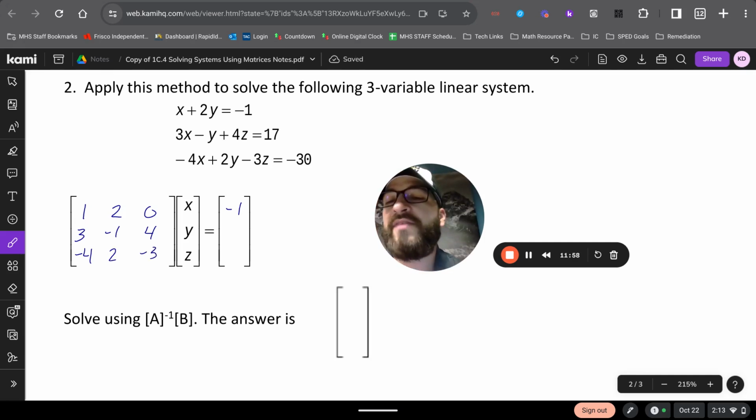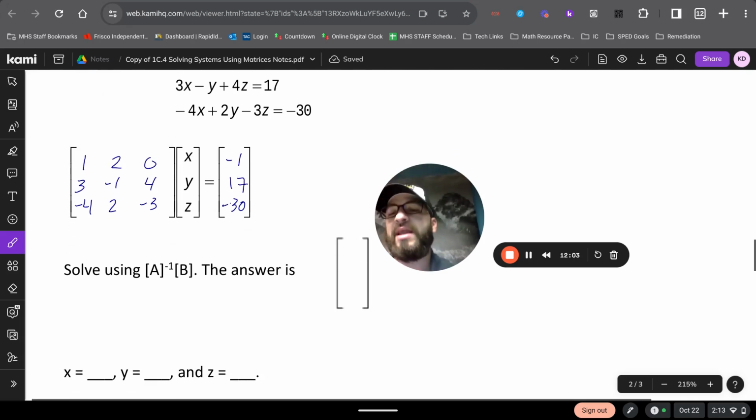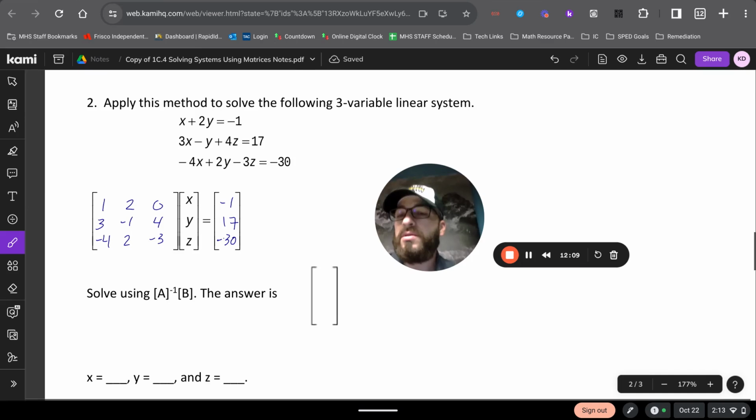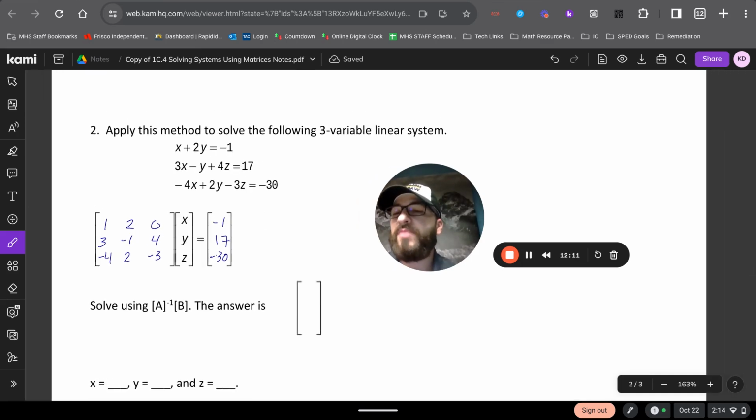And then, of course, we have that 17 and that -30 to complete our matrix. Okay, so we have everything that we need. So this matrix right here is our original matrix. Remember, to isolate x, y, and z, I multiply both sides by that inverse matrix. So we're going to multiply this constants matrix over here by the inverse matrix.